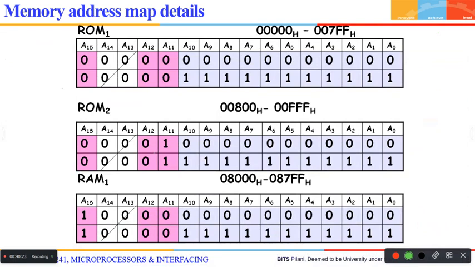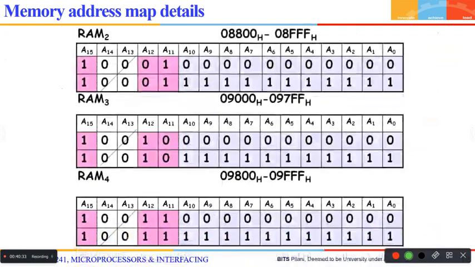See, it is 000 for this, 001 for this, 100 for this, 101 for this, 110 for this, and 111 for this. So which are the 3 lines going as select inputs to the decoder now?